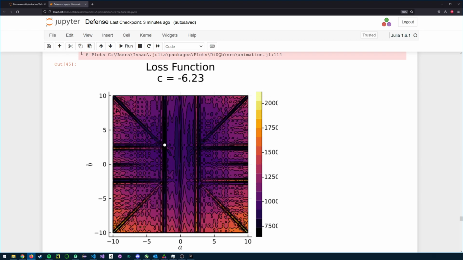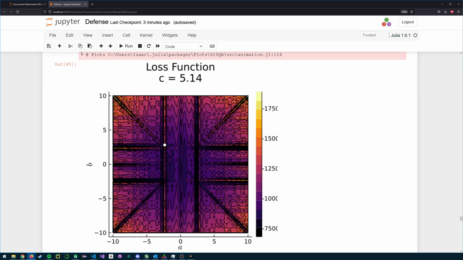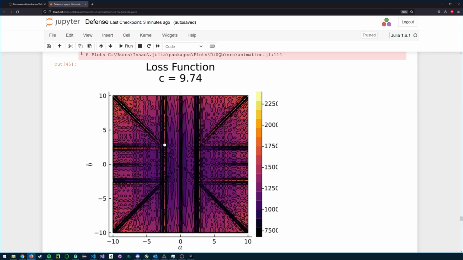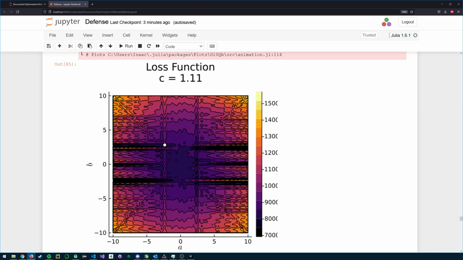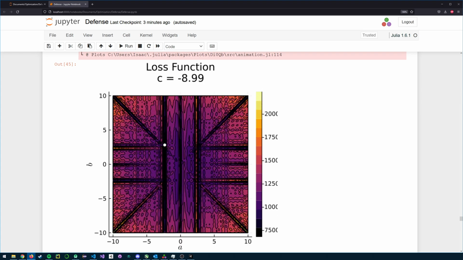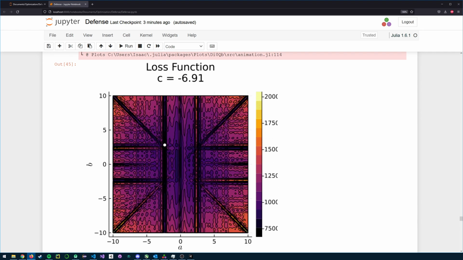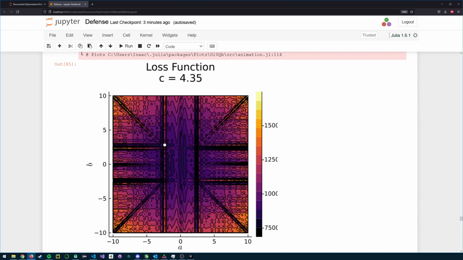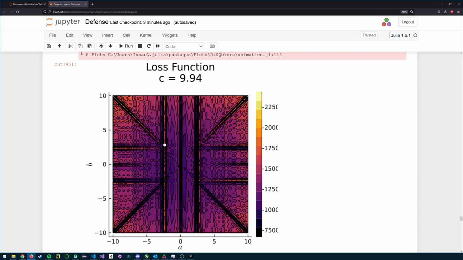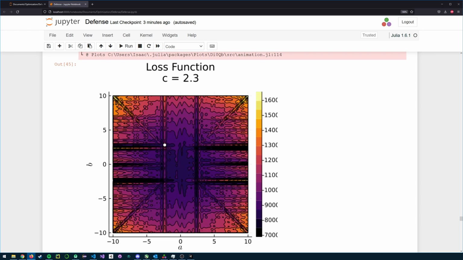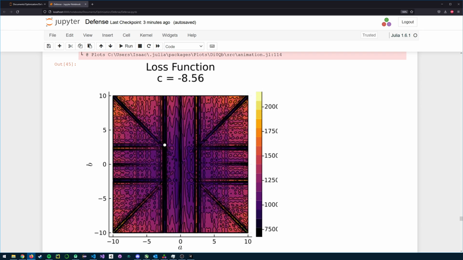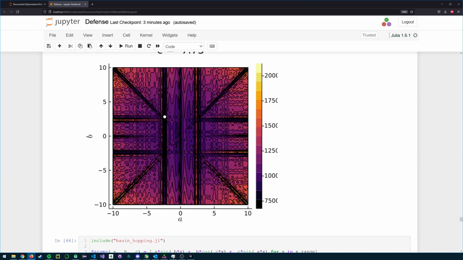And I have plotted the A, B values, which give us our best fit parameter here in white. You can see that, and that's for some C value. I don't remember what, or this is generated randomly, so I'm not sure what that would be. But we'll solve that in a second. So that's our loss function right there.